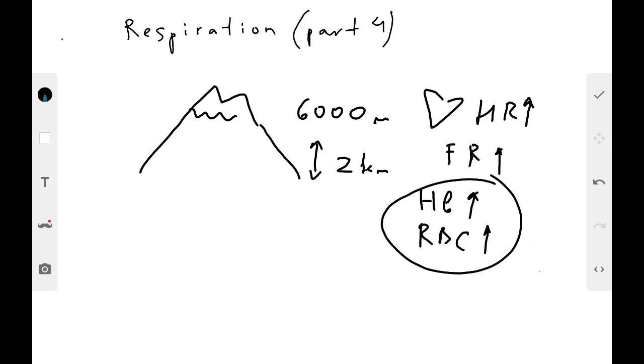The people who are living in Tibet, for example, have genetically programmed adaptation to these high altitudes, and the capillaries are more dense in muscles and tissues, so that the saturation is much more effective in those people.